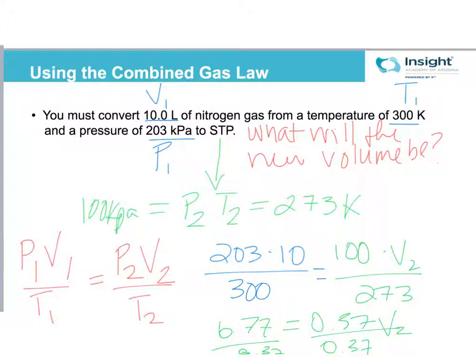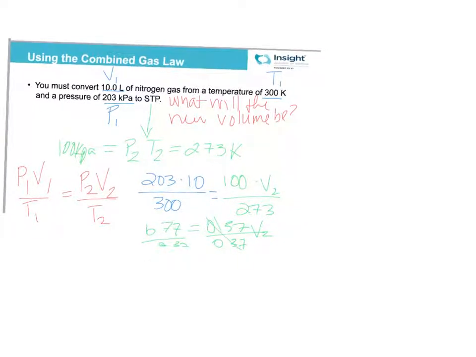That cancels there. 6.77 divided by 0.37 is equal to 18.3 liters.